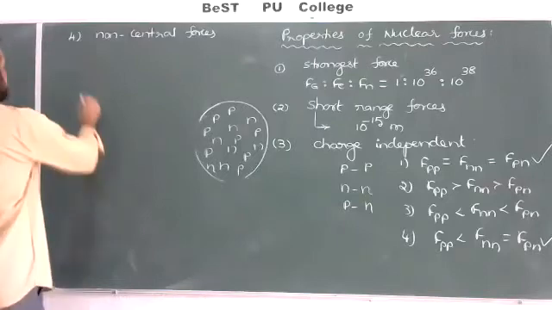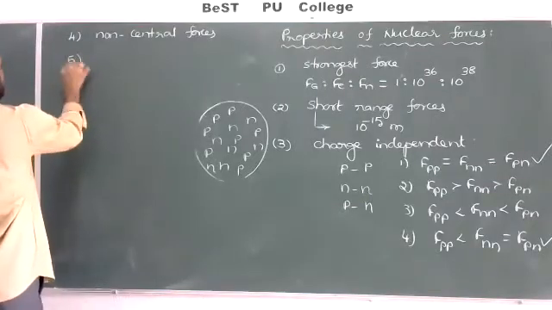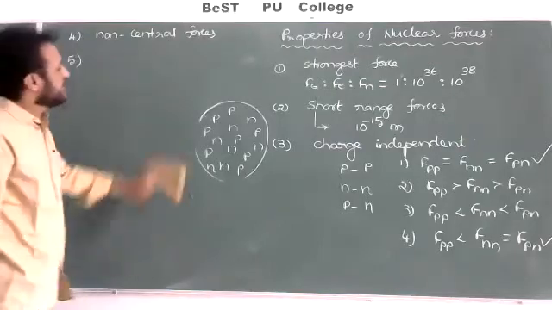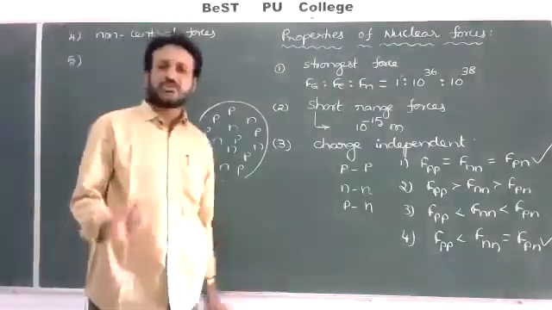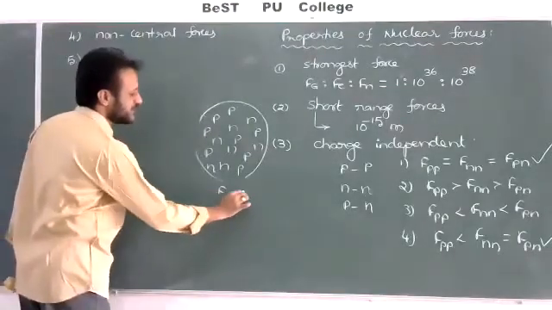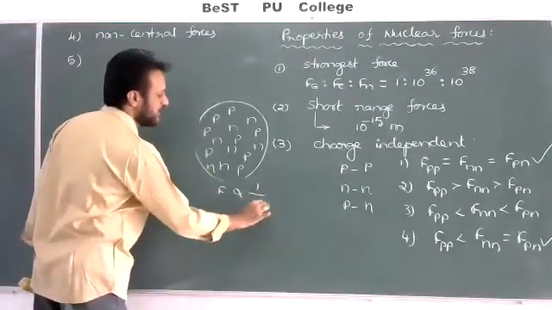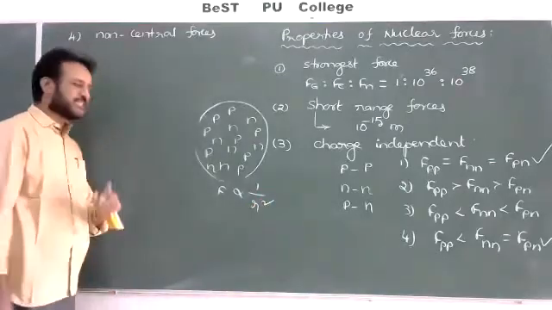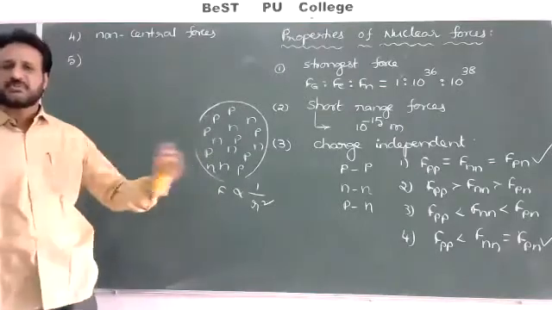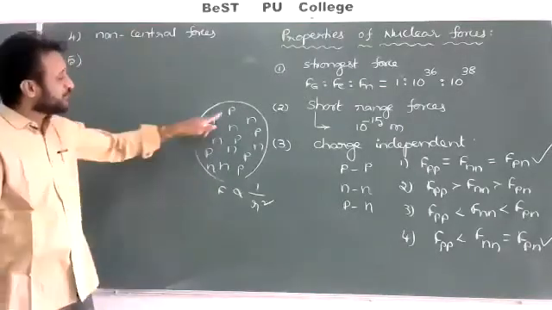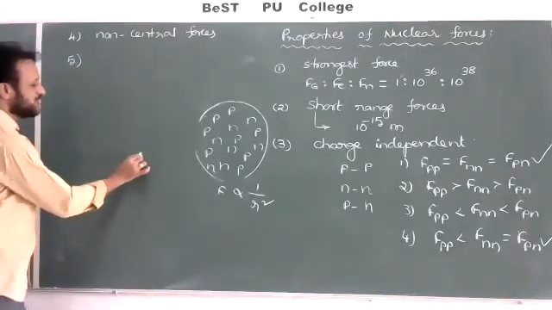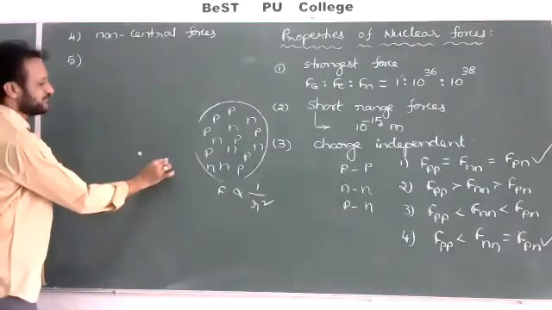One more point. Generally, nuclear forces do not obey the inverse square law, but gravitational force obeys the inverse square law, F is proportional to 1 by r square, and electrostatic force also obeys the inverse square law according to Coulomb, F is proportional to 1 by r square. But nuclear force does not obey the inverse square law. For example, I am choosing two nucleons.